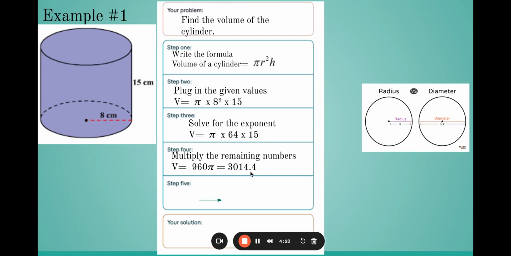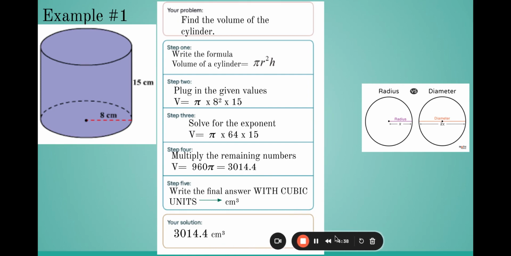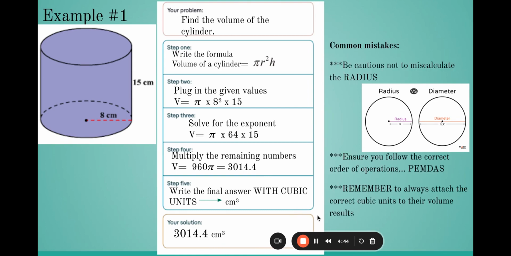Our volume should be 3014.4. And the final step is to write your answer with cubic units. So our units here would be centimeters cubed. And our final answer is 3014.4 centimeters cubed.